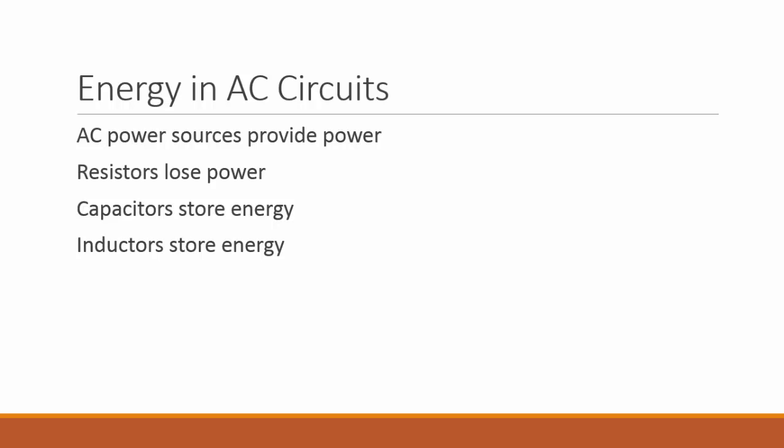It goes in through the power supply, gets lost out of resistors, and is temporarily stored in capacitors and inductors. Here it's constantly changing, because the amount of energy stored in a capacitor and in an inductor changes, which makes it more difficult to describe. But here's the broad picture of how the energy is flowing through these types of circuits.